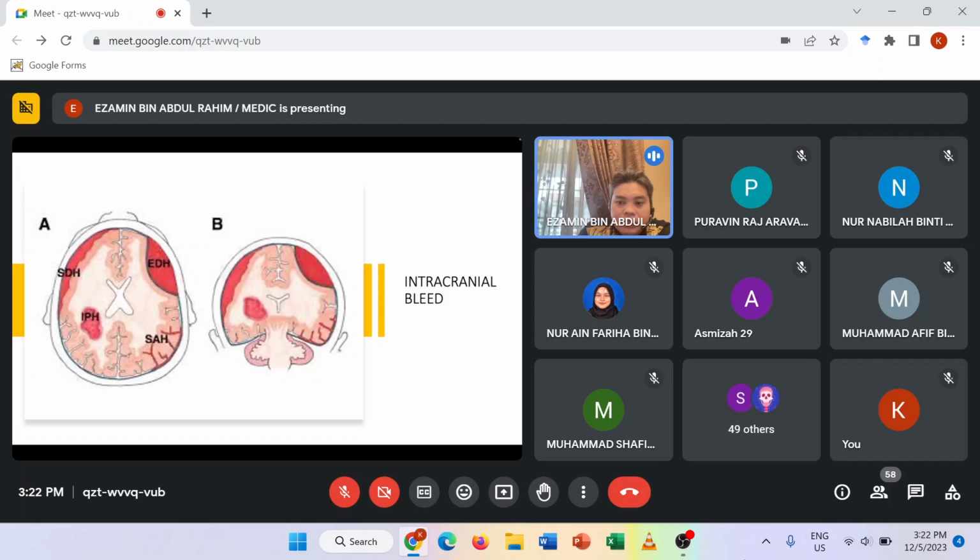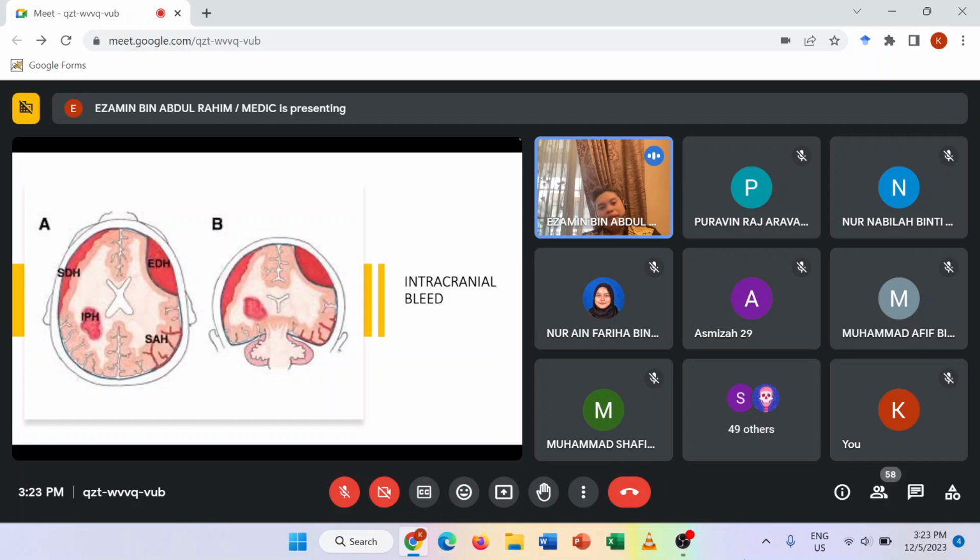Okay, we go to intracranial bleed. I think you all know, extradural is biconcave, subdural is concave, then intraparenchymal bleed and subarachnoid bleed. It insinuates along the gyri, along the spaces.